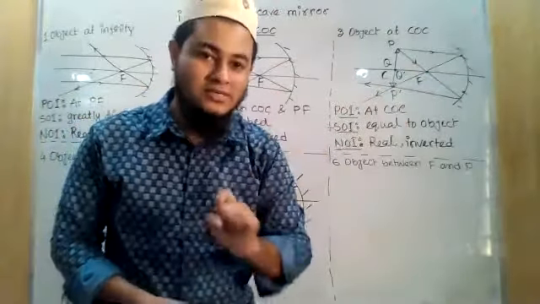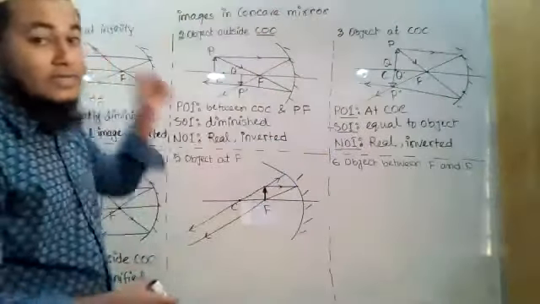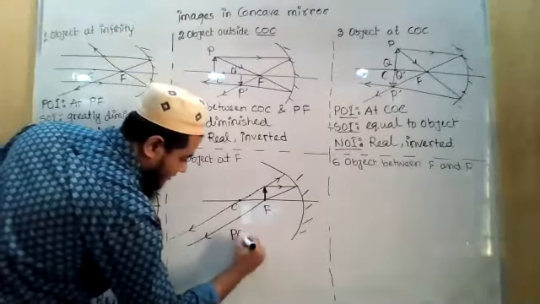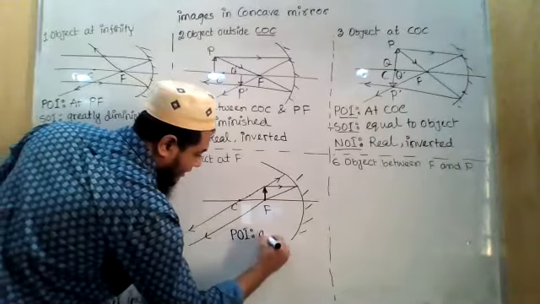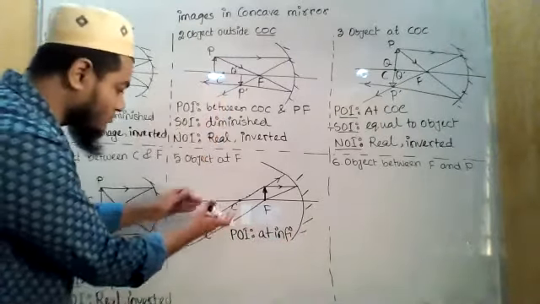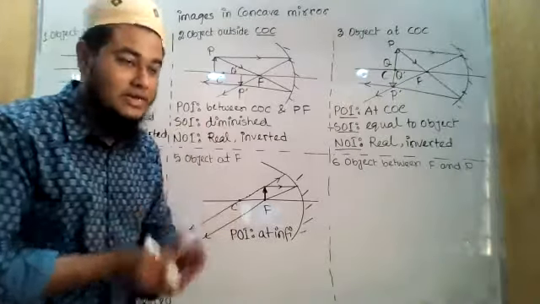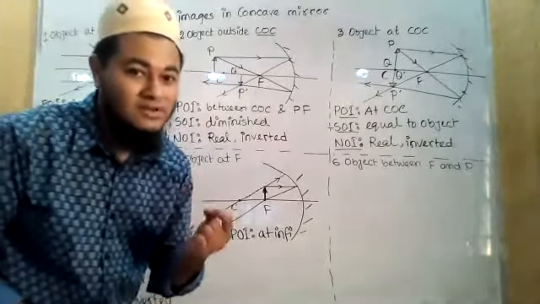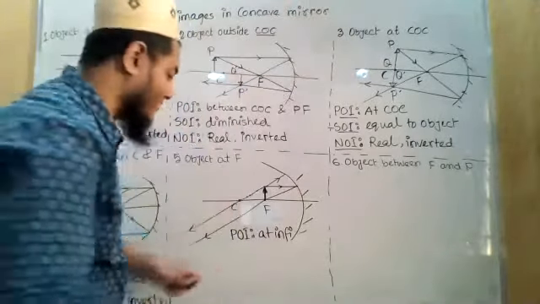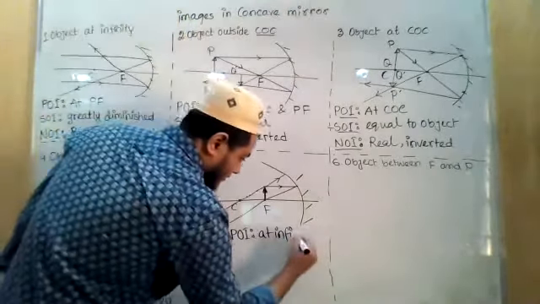So the image that will be formed will be at infinity now. So the position of the image we will write as at infinity. Whenever they will not meet anywhere near, we can say that they will meet at infinity. Now infinity is not a particular point, it is at infinity.